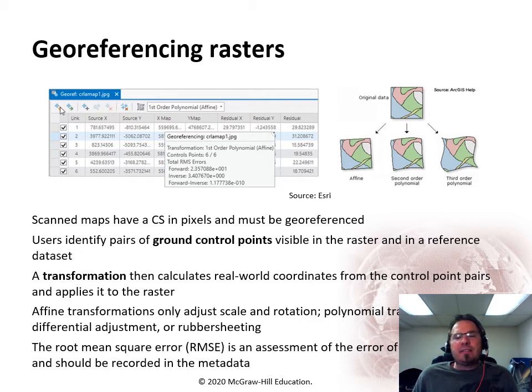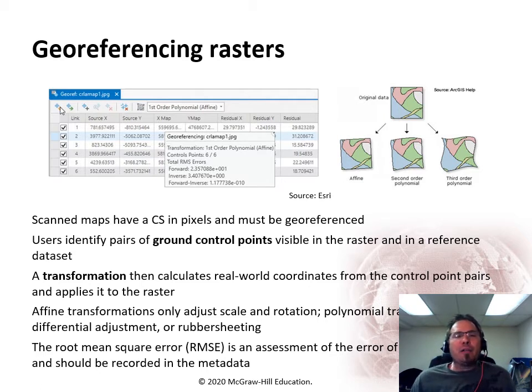Now, this takes a little bit of practice, but it's not hard by any means. There are three different transformations: the affine, the second order polynomial, and the third order polynomial. They get progressively more aggressive in terms of how much actual rubber sheeting is taking place.